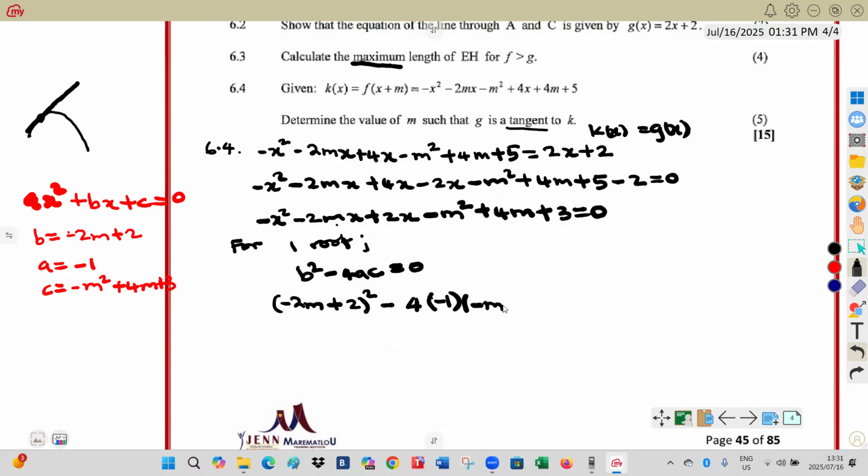That must be equal to 0. Taking from there, then we simplify. When we expand this bracket, you just have to know how to expand, so you need to revisit your algebra. So it means we are having minus 2m plus 2, sorry.